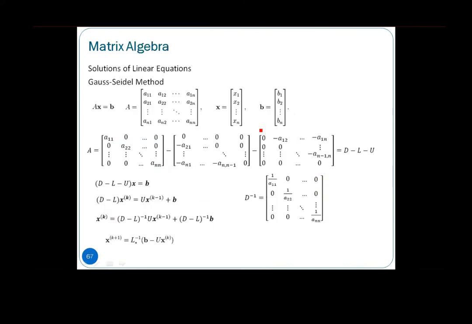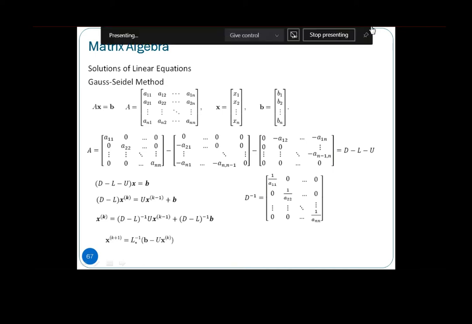So in terms of your diagonal matrix, you also remain the lower triangular matrix at the left hand side. Then you only move the upper triangular matrix out to the right hand side.